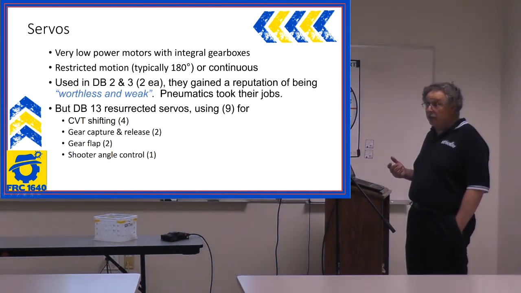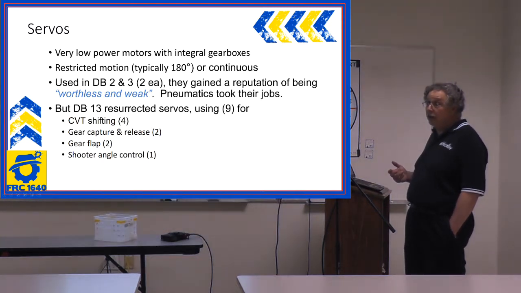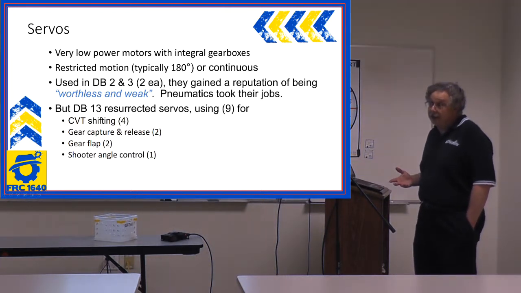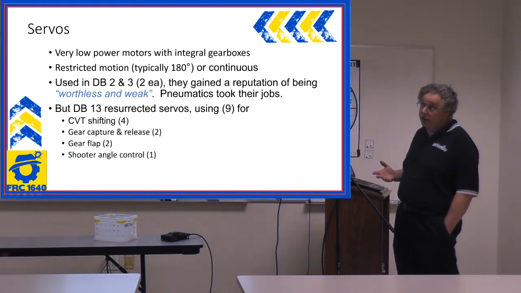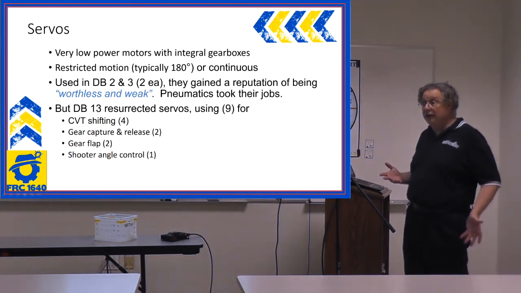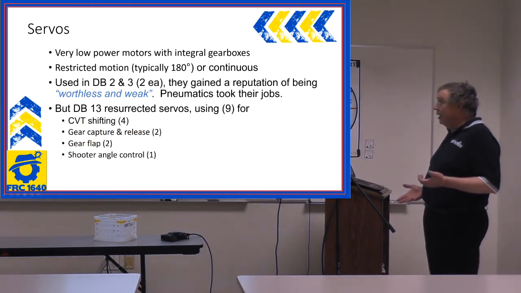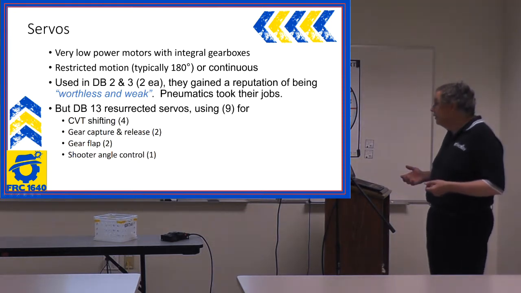And that's where things stood until Dubot 13, where all of a sudden we had a lot of things to actuate. There are more moving parts on Dubot 13 than on any of our previous robots, and it's not even close. We have 14 motors, and we've got 9 servos because we had more things to move.